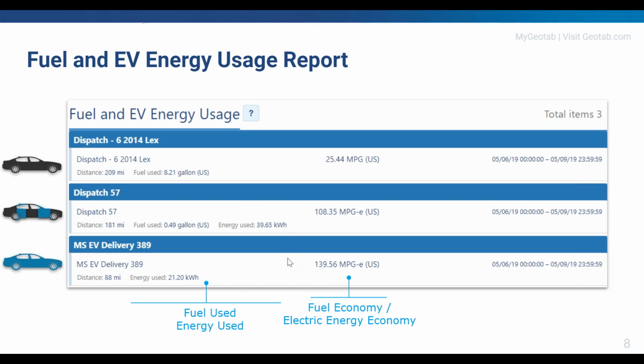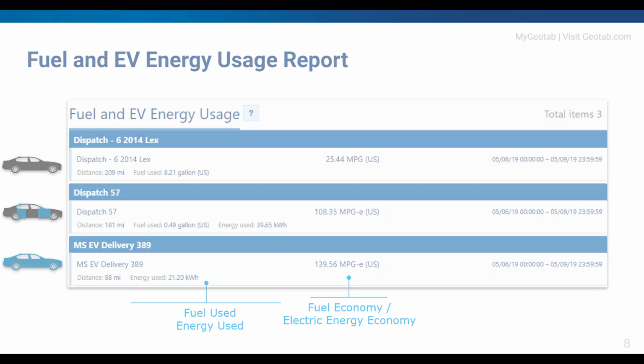But this last one is actually a battery electric vehicle, a Tesla Model 3, and this is getting close to 140. So you can easily see here how well your MPGe, as we call it, when you're converting your electric energy into fuel as a comparable metric, you can easily compare the performance of these.